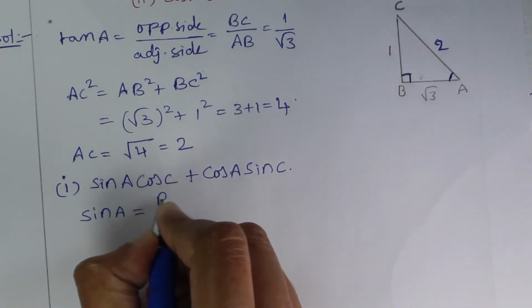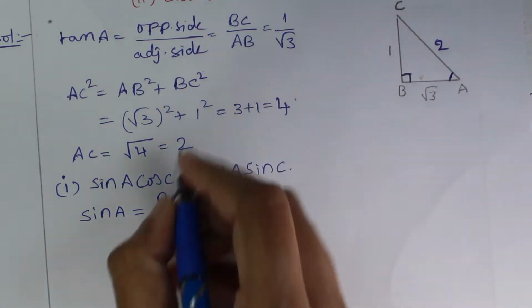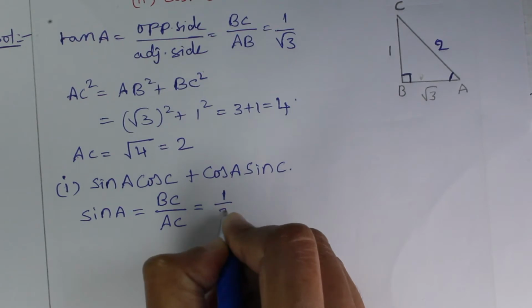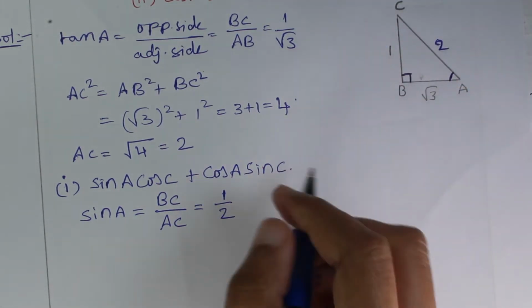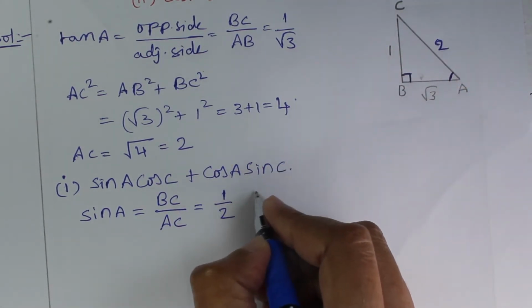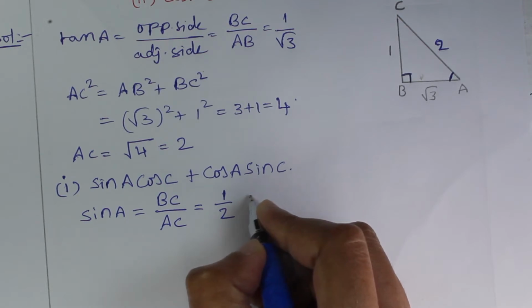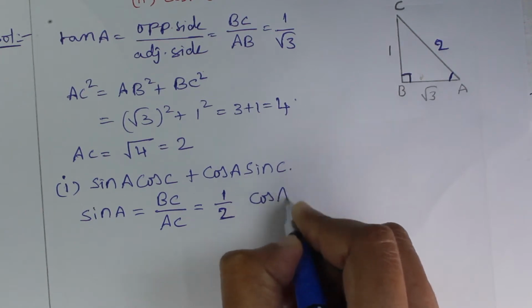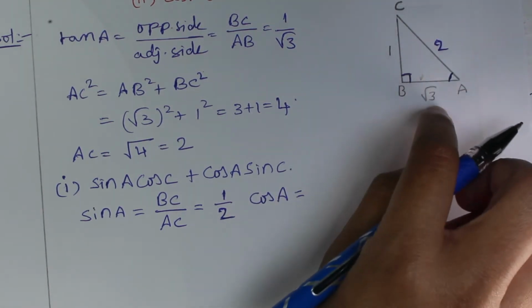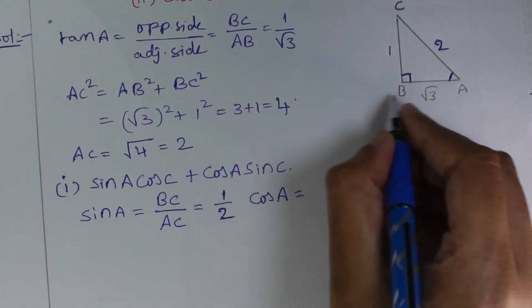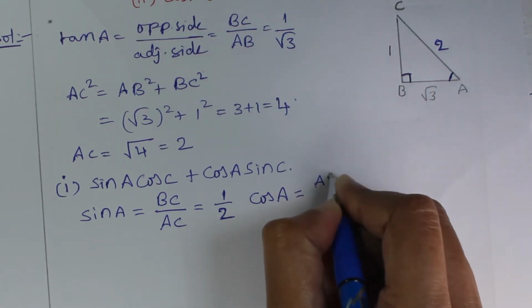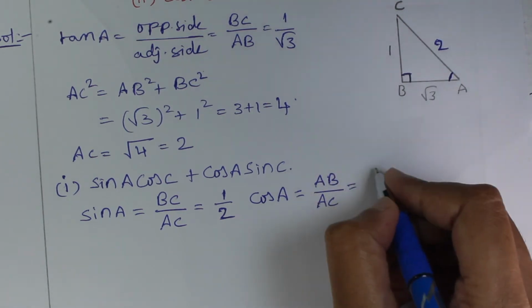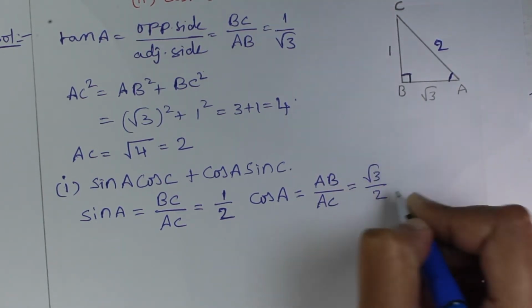BC. BC divided by hypotenuse AC, that is equal to 1 by 2. Now cos A. Cos A becomes adjacent side by hypotenuse. What is the adjacent side? AB divided by hypotenuse AC. AB is root 3, so it is root 3 divided by 2.